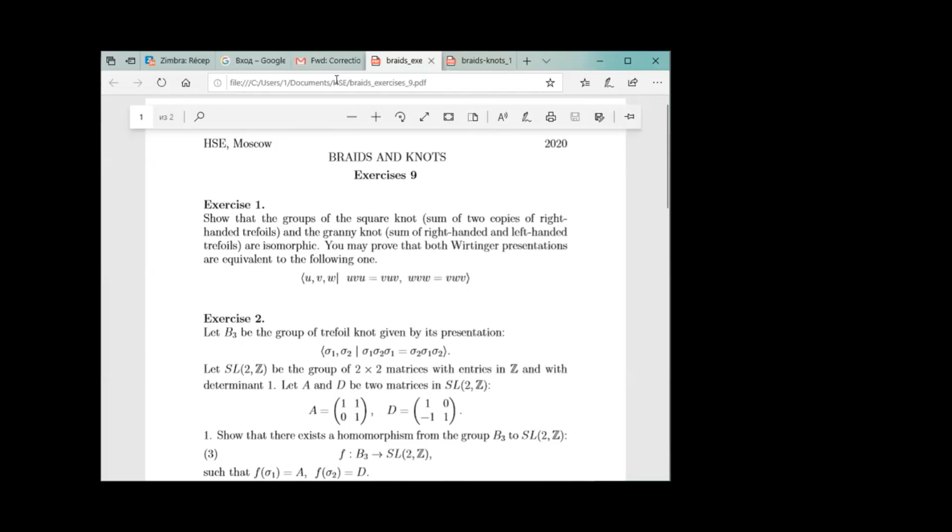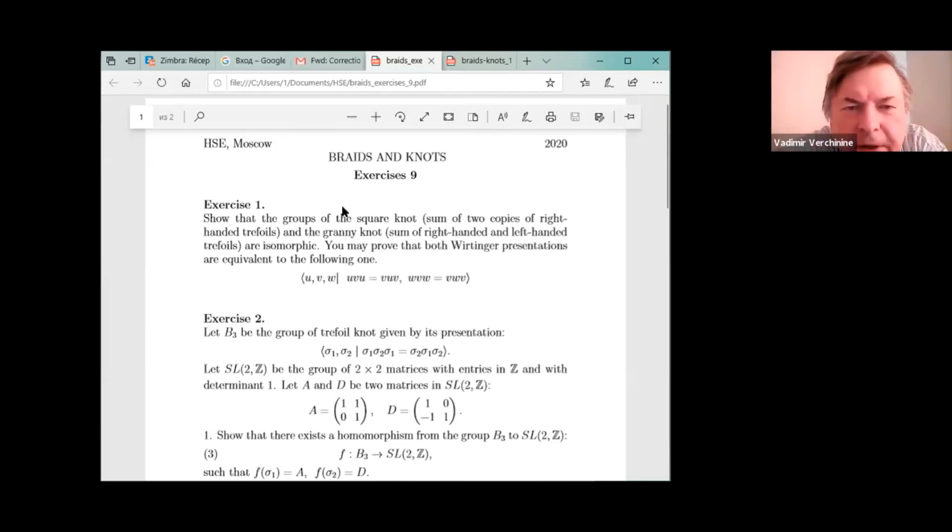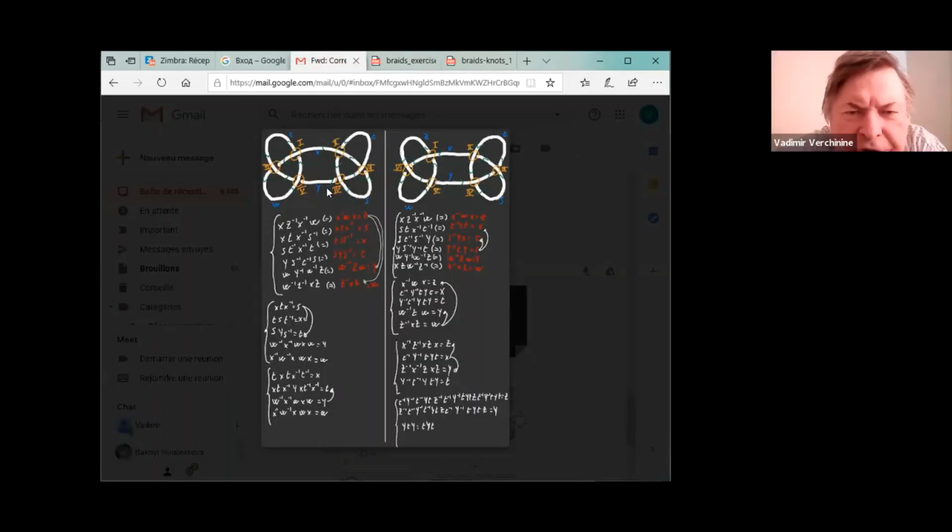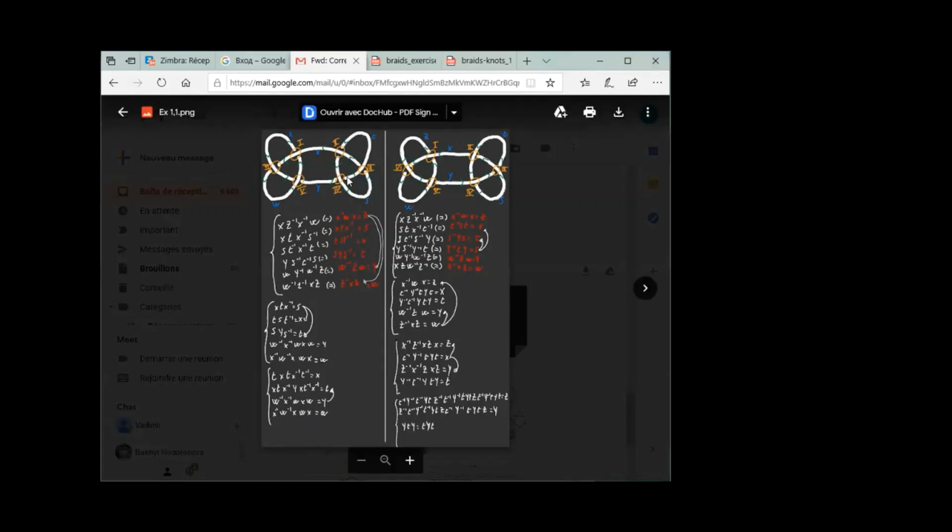Or T, Y, and W. Yes, but it just depends anyway on the knot. Anyway, tell me, and I look at my own. For example, this one is simpler, right? The left one is the simplest.